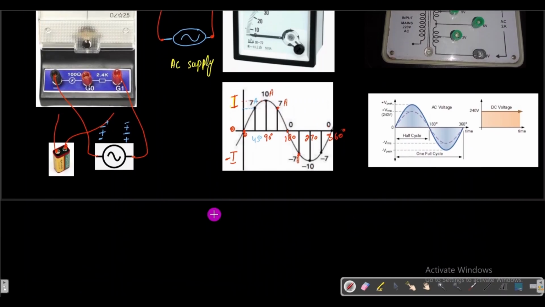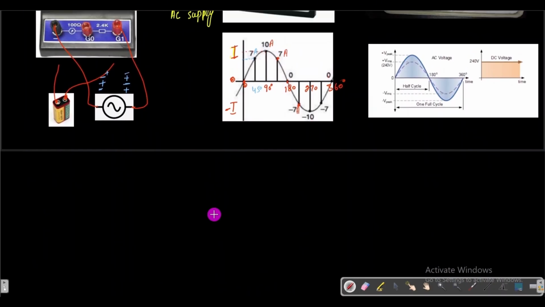So now taking the average of this alternating current, the average is equal to, this is I1, I2, I3, I4. In one half cycle I consider 4 instantaneous values, and similarly in the other half I consider 4 instantaneous values.